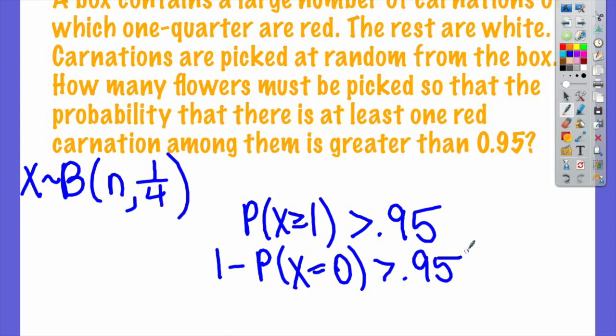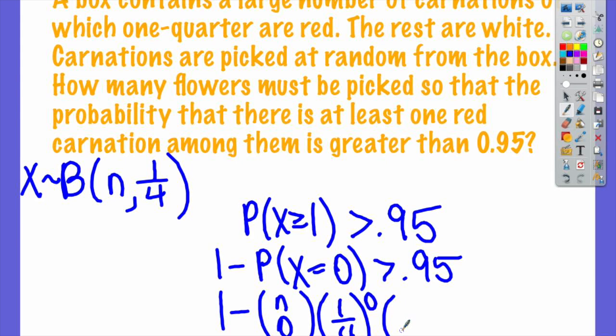This is our equation: 1 minus binomial distribution, n over 0, 1/4 to the 0, and 3/4 raised to the n, because these two exponents should add up to the top number. It's greater than 0.95.